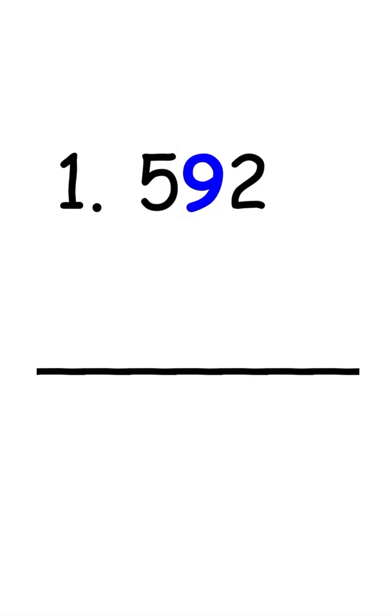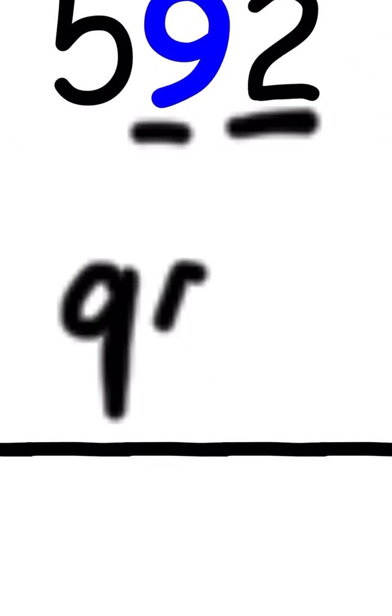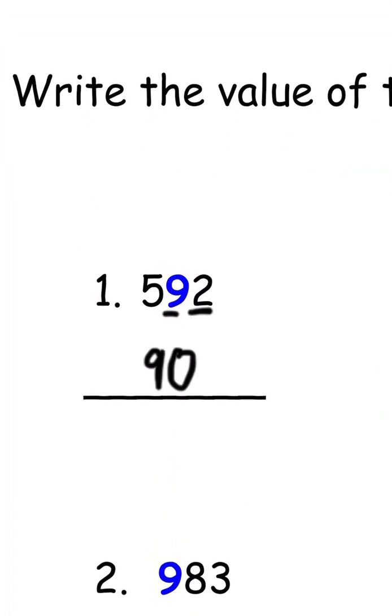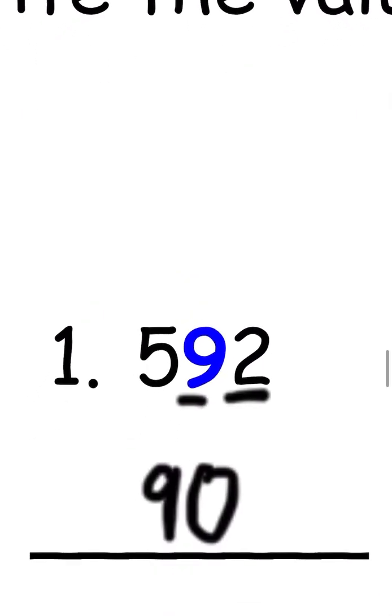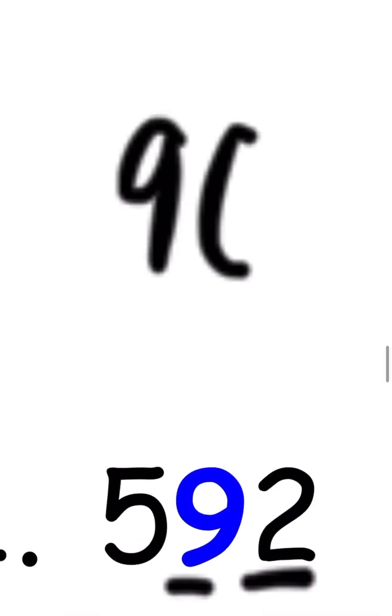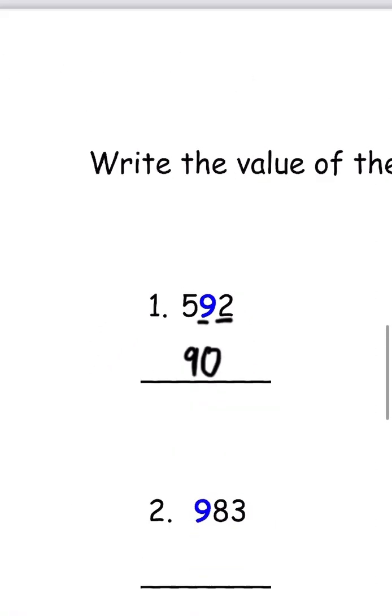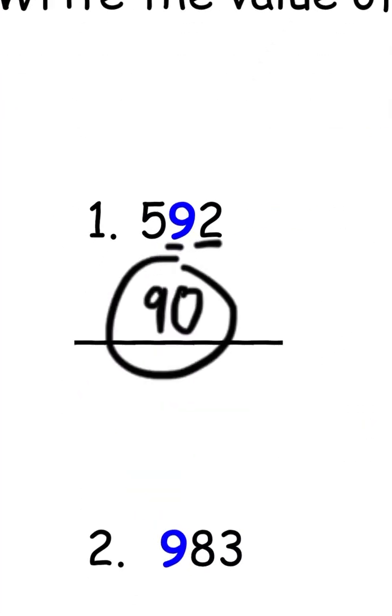Since it is in the tens place, we need to write 9 and then put 1 zero. For the ones place, we don't need to write any zeros, for the tens place we need to write 0 next to the number, and for the hundreds place, we need to write 2 zeros. So 90 is the answer for number 1.